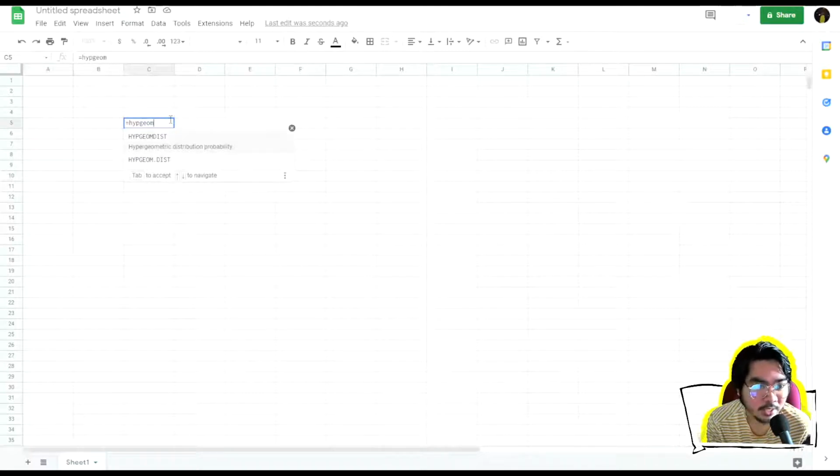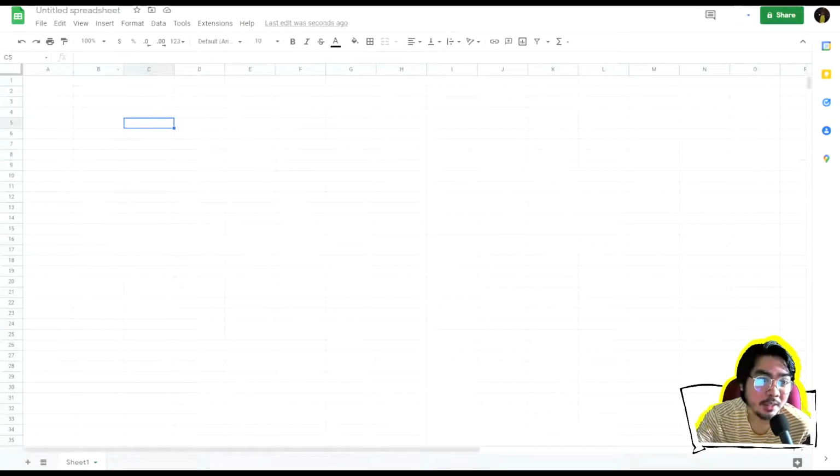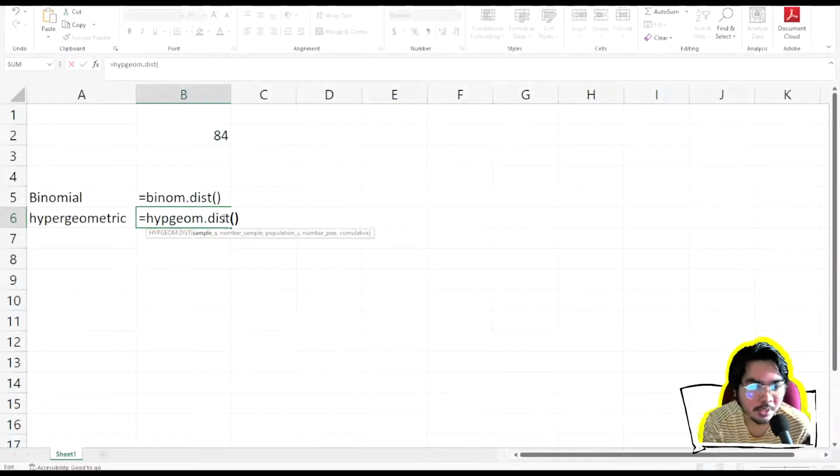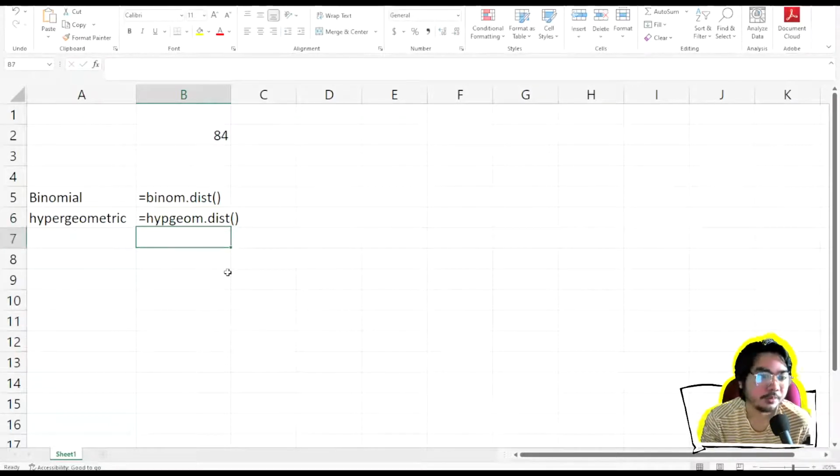Itong legacy function, tapos meron din siyang isa, although I'm not quite sure kung ano yung difference. Pero probably dito sa spreadsheet, pinort lang nila kung ano yung meron si Excel, para mas madali yung transition from Excel to Google Spreadsheet. Okay? So you can use either. Let's just use the .this, no, para consistent tayo. Okay? So yun yung two functions na relevant sa atin.